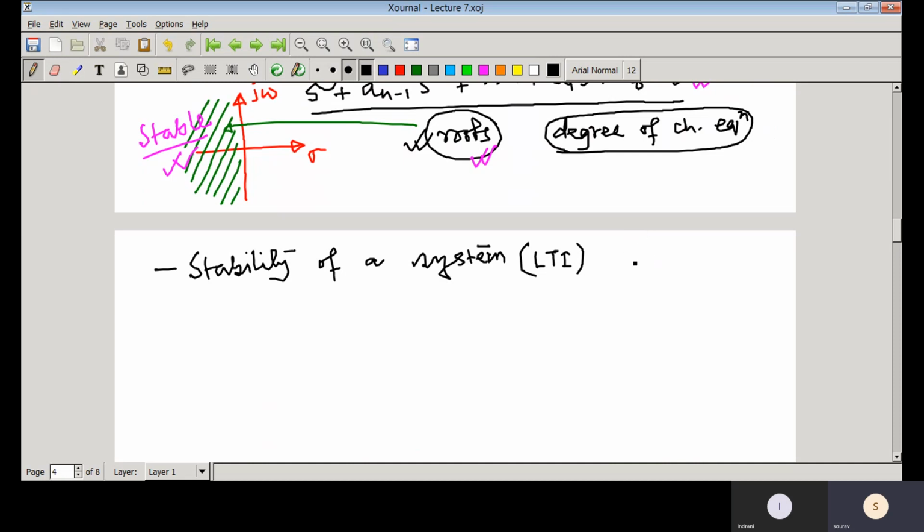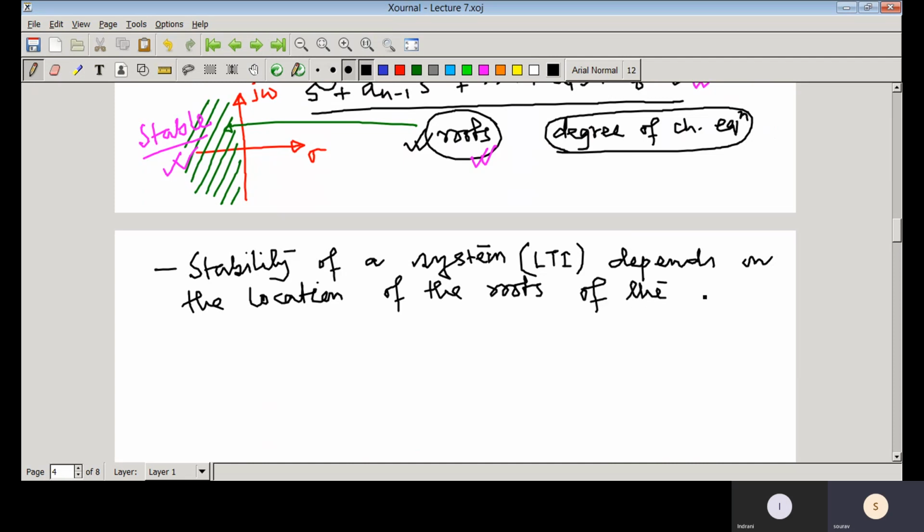Stability of a system depends on the location of the roots of the characteristic equation. As I have just pointed out, only if the roots lie in the open left half of the complex plane is it stable.